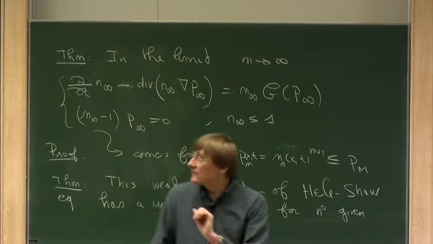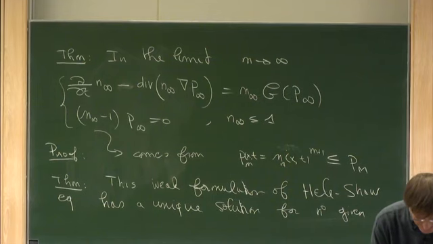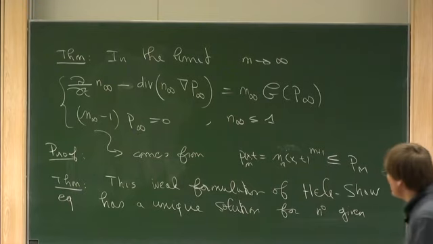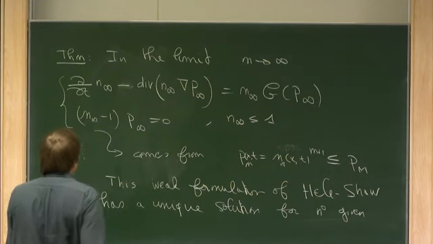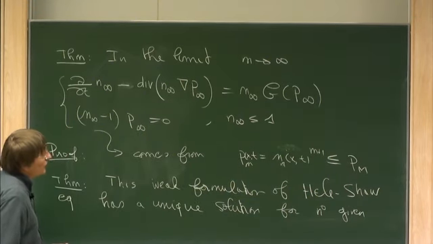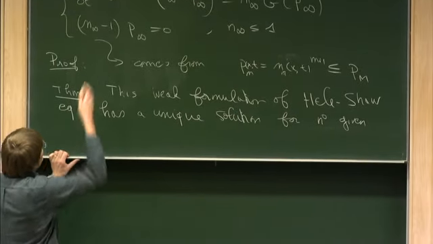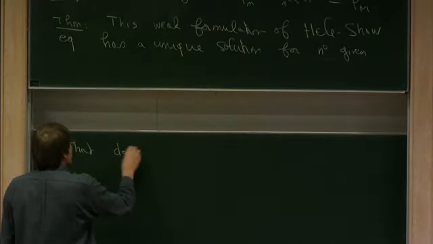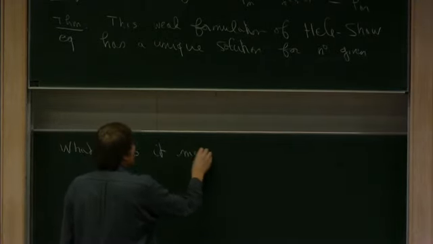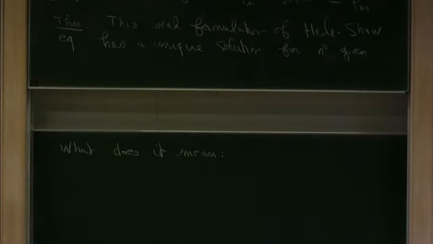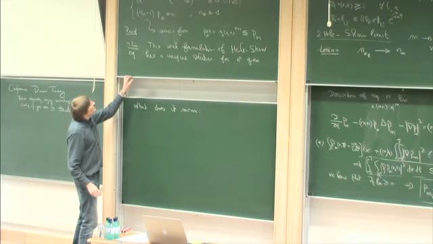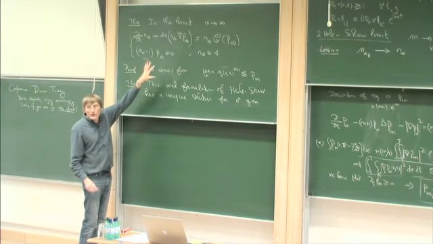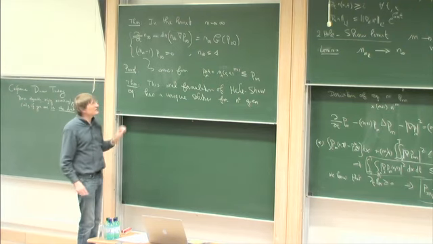Certainly the simplest is to argue heuristically. What does this equation mean? Basically, this relation tells you there is a set where n equals 1, and a set where n is strictly less than 1.